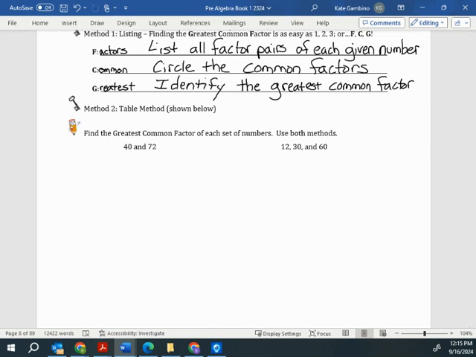So the table method, we're going to put 40 and 72 into a table.